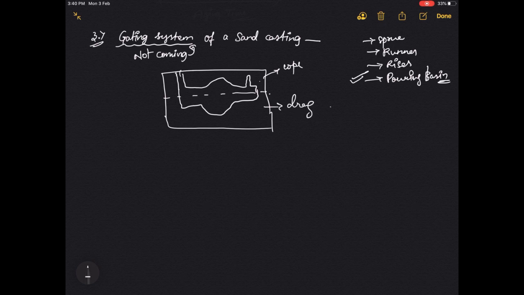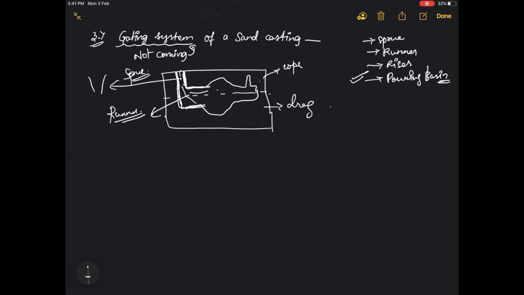Here you can see this vertical part, this is called a sprue, which allows the flow of the metal. Before gates, the metal goes into the runner. In this particular casting we only have one runner, so the metal will flow only in one horizontal path, that is the runner.